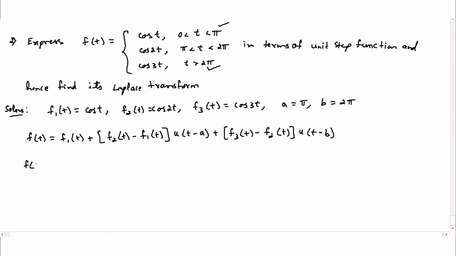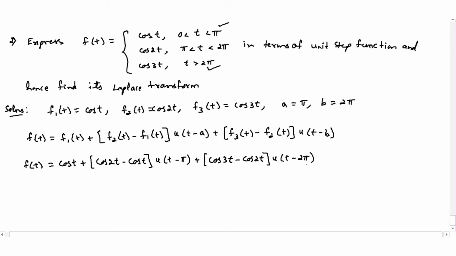Just plug in the values that we have. F of t will be equal to f1 of t, which is cos t, plus f2 of t which is cos 2t minus f1 of t which is cos t, into u of t minus a, where the value is pi, plus f3 of t which is cos 3t minus f2 of t which is cos 2t, into u of t minus b, where the value is 2 pi.